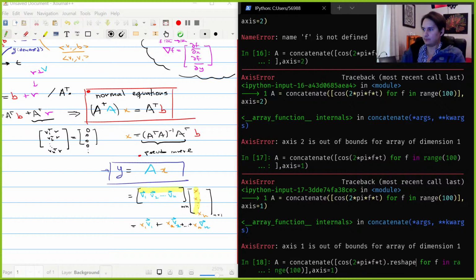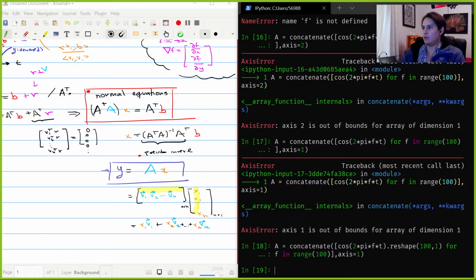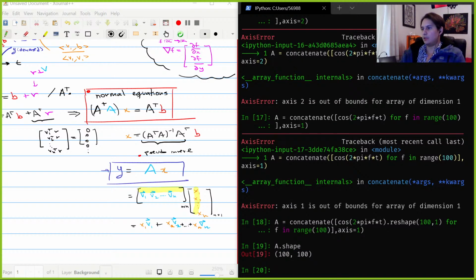Shape. Come on, there you go. So A shape, 100 by 100. And if we want to solve the least squares problem, how could we do it?